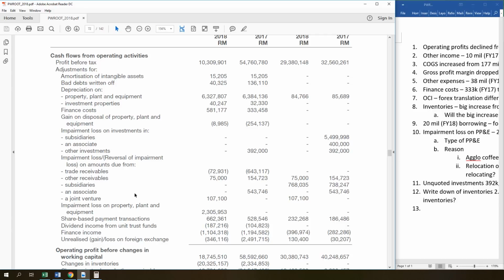Write down of inventories is non-cash item. It's supposed to be shown in operating cash flow. It's supposed to be adjusted. How to confirm this? Okay, yeah, I have a way to confirm this.